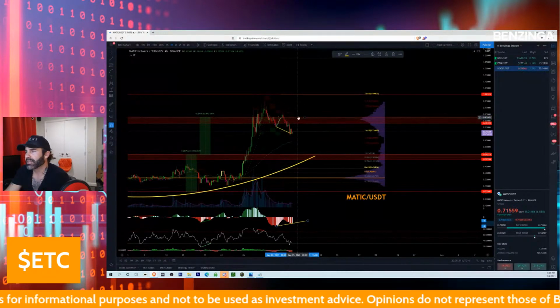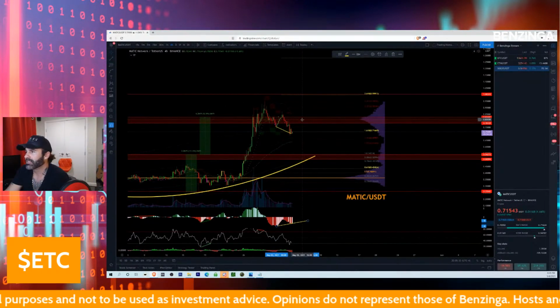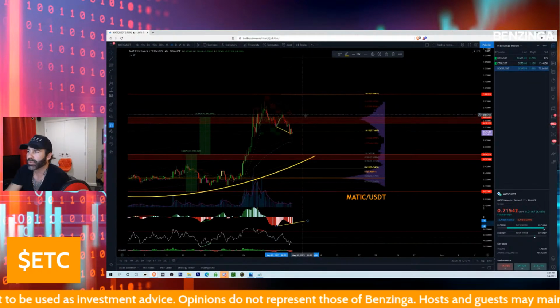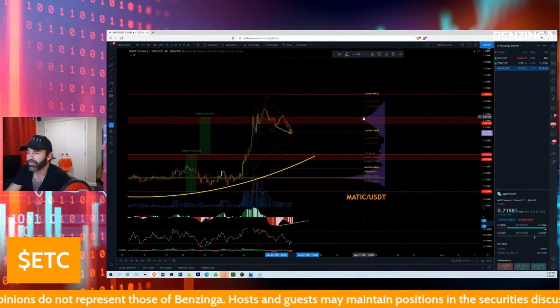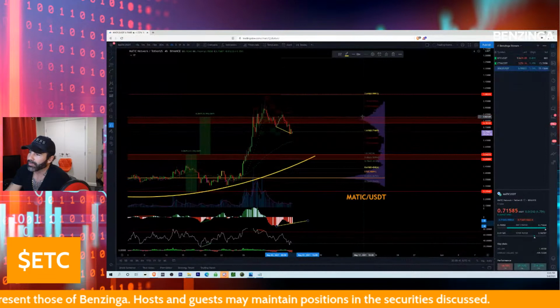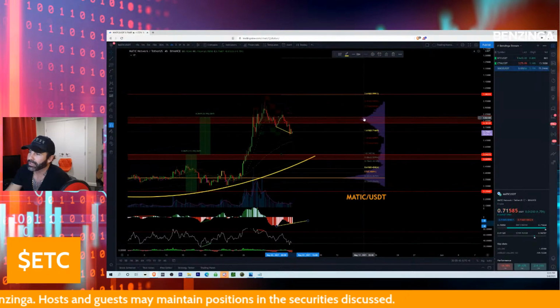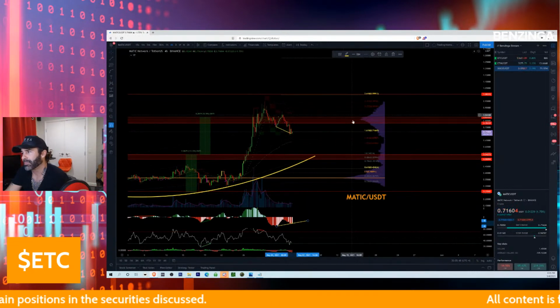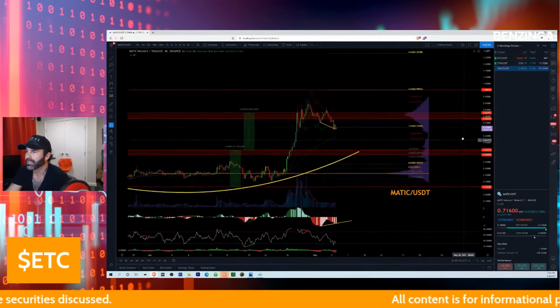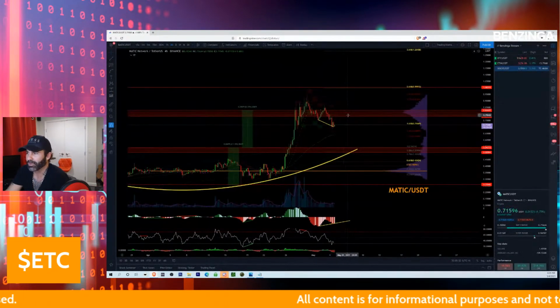For Matic, I would want to see it get back above this neckline here and regain support above this level. If you look over on the volume profile, you do have a lot of people that were buying in at this level here. So you want to get back on top of that. That would tell me that the buyers have control again.